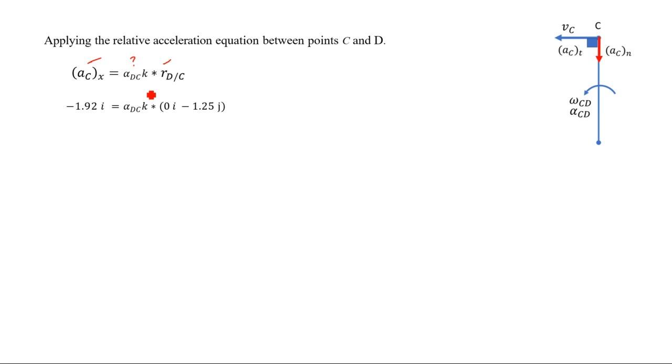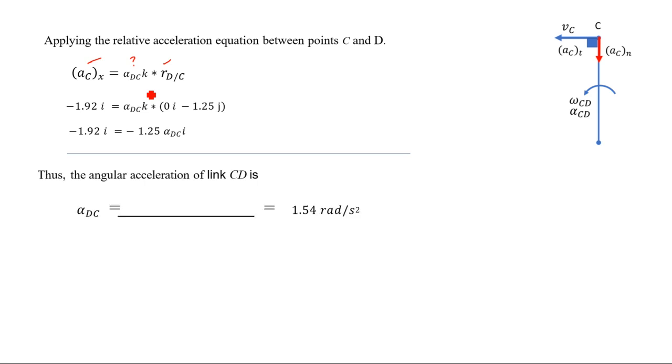Again, the k multiplied by the i is going to be 0 for the j, and then the k multiplied by the negative i is going to be negative. I'm going to have negative 1.25 alpha DC equal to negative 1.9 i. So by solving that, I will get that the answer for the alpha CD is 1.54 radian per second square.